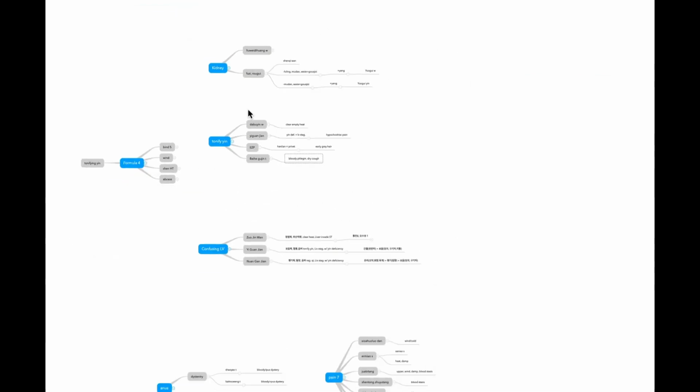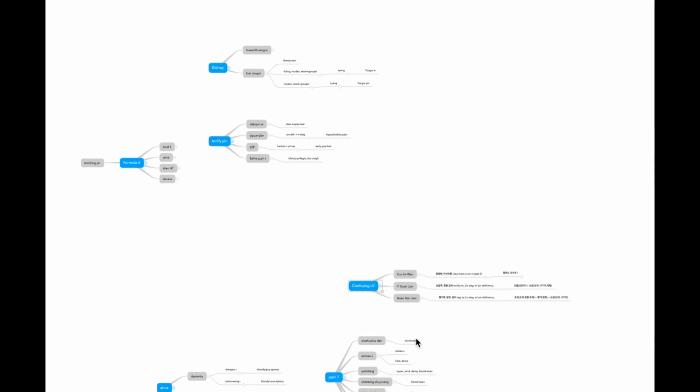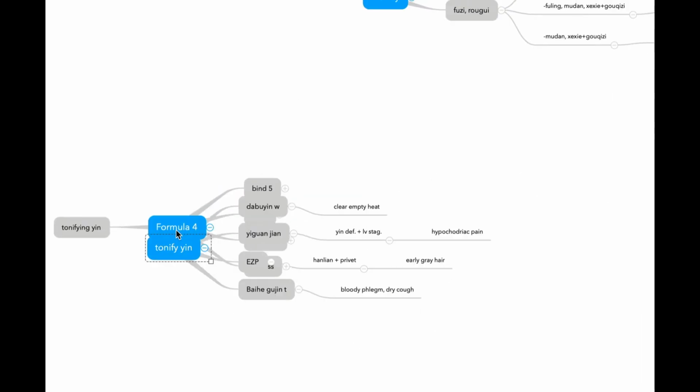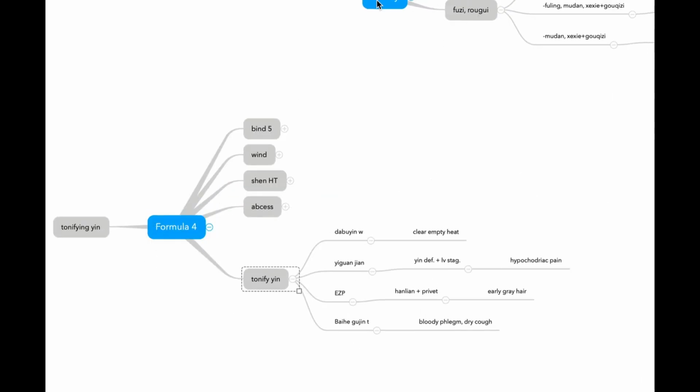So we finished all the formulas. These are the supplement. So let's summarize this again. Tonifying yin formulas, and kidney.